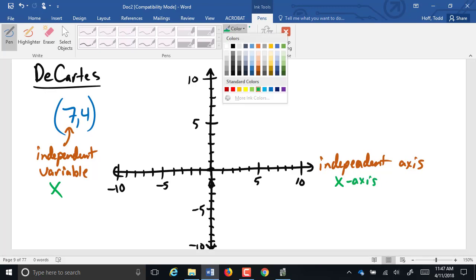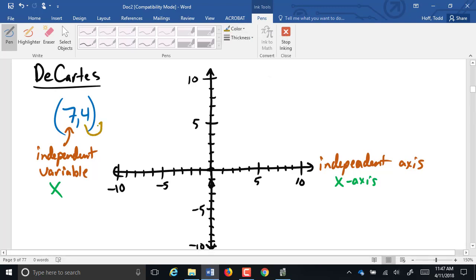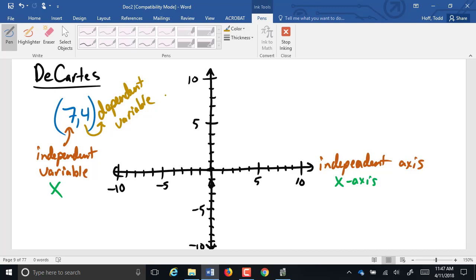The second variable, the second number, is the dependent variable. Now, some people describe this as like cause and effect. The independent variable is the cause, the dependent variable is the effect. That's not true. One could not cause the other at all, but there is a relationship between them.